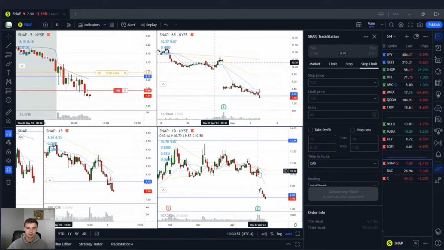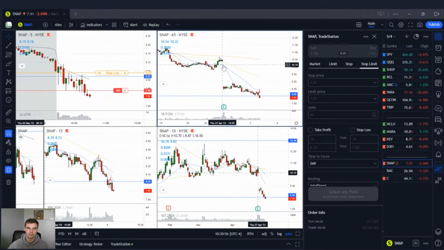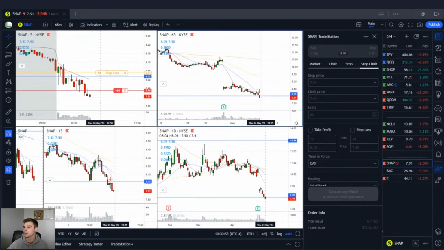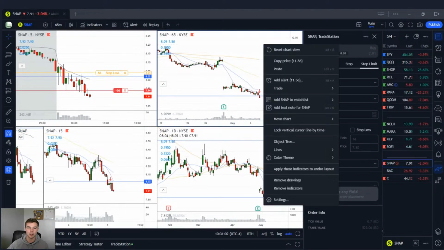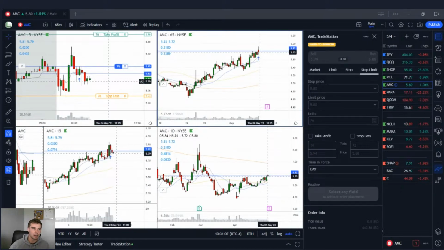That's what it boils down to, guys. That's what technical analysis is: looking at price, looking at volume, using historical price action to predict future price movement. That's the definition right there, in case you didn't know.